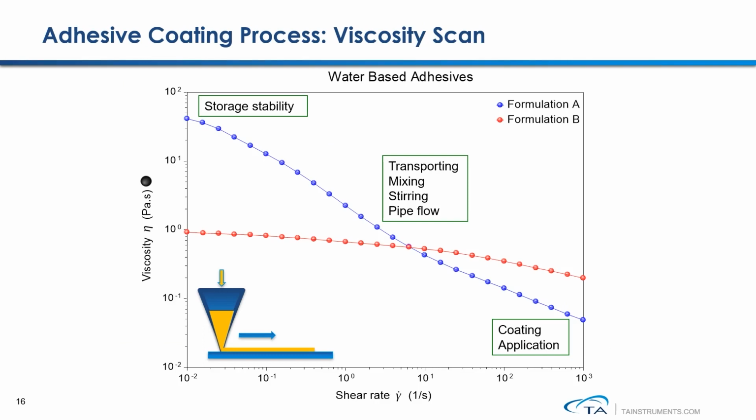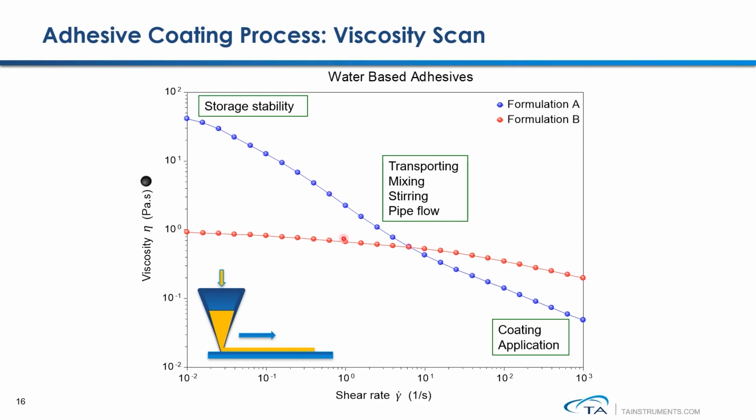This is an example showing the viscosity scan results on two water-based adhesive formulations. The blue formulation behaves more shear thinning, and the red formulation behaves more Newtonian. So under low shear rate, the blue formulation exhibits much higher viscosity compared to the red formulation, which indicates that the blue formulation will potentially have much better storage stability.